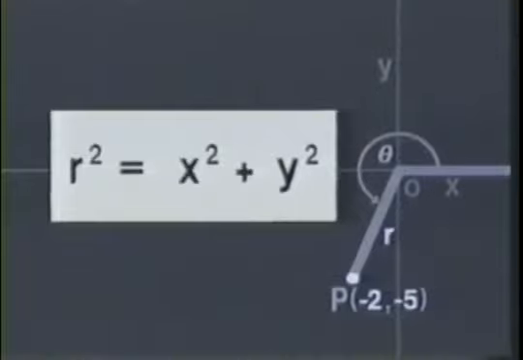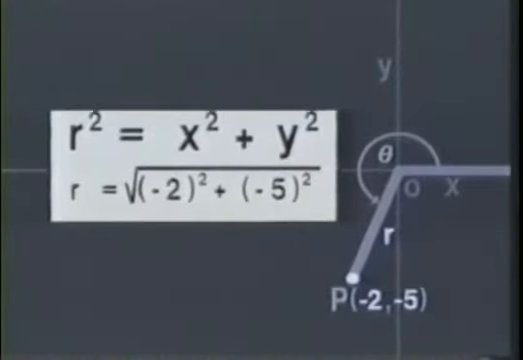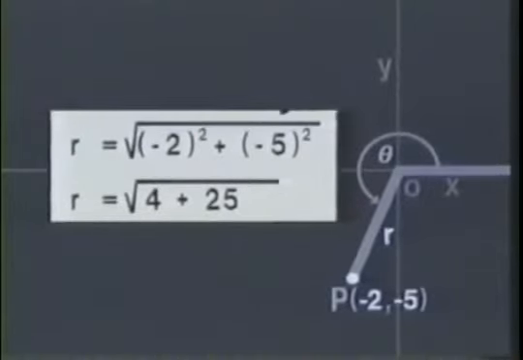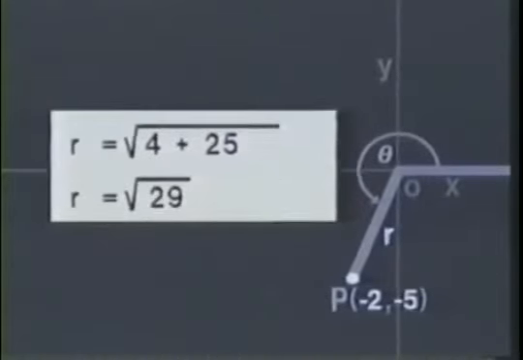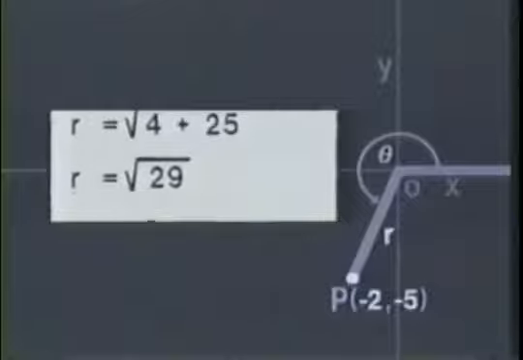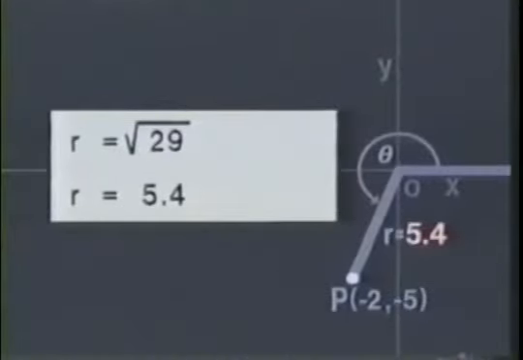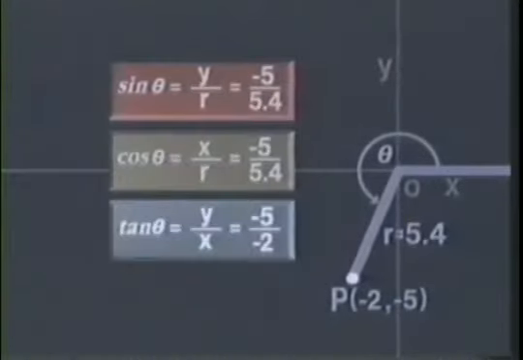If the terminal arm passes through the point -2, -5, r equals the square root of -2 squared plus -5 squared, which equals the square root of 29, or 5.4. And the trig ratios are as shown.